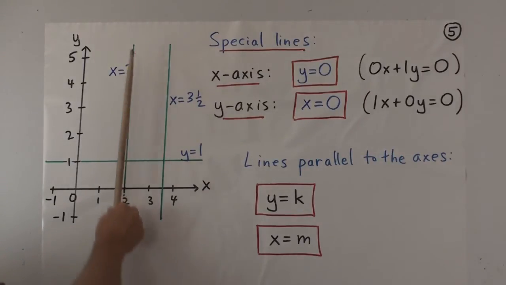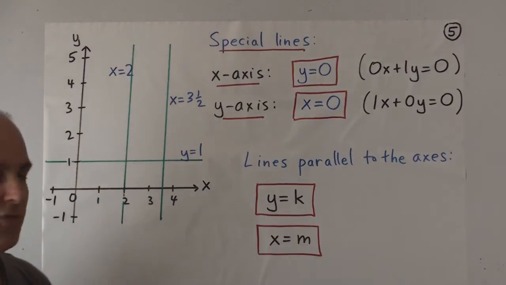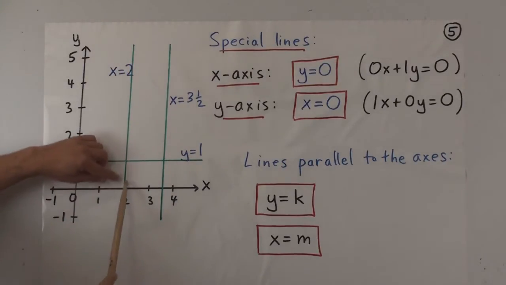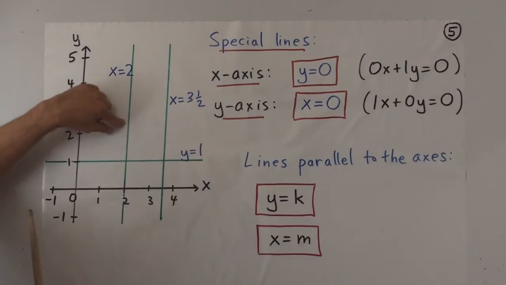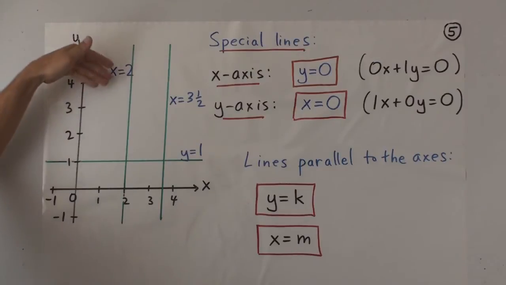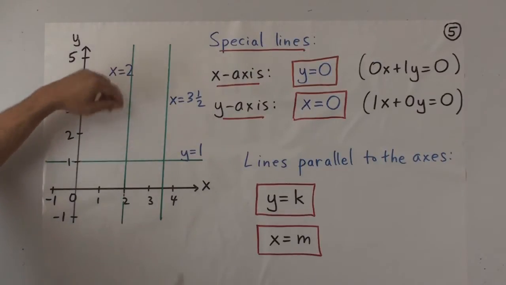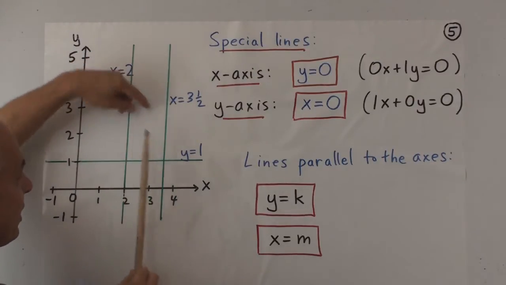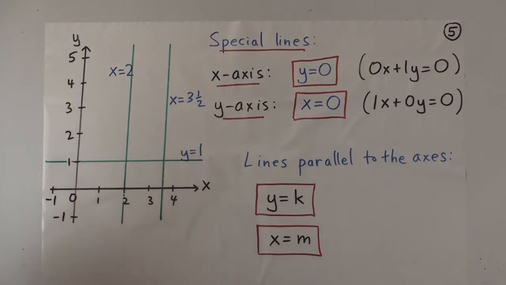So for example, this line here, parallel to the y-axis, is the line with the equation x equals 2. It means that every point on here has the property that its x-coordinate is 2. And the y-coordinate can be anything. There's no constraint on the y-coordinate. This line here, parallel to it, is the line x equals 3.5, or 7/2.